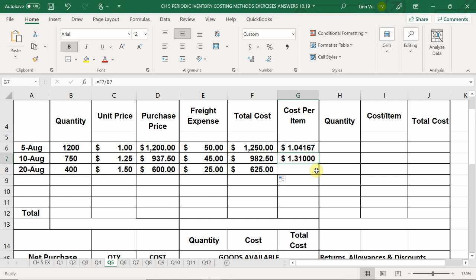Which brings my total cost per item to be $1.5625. Good.